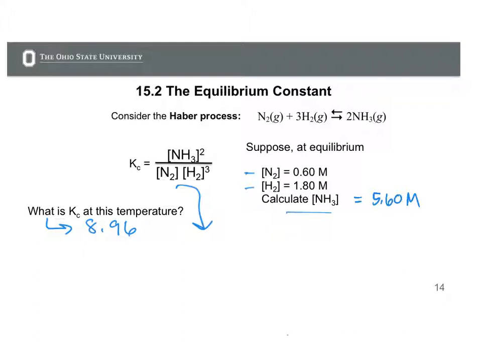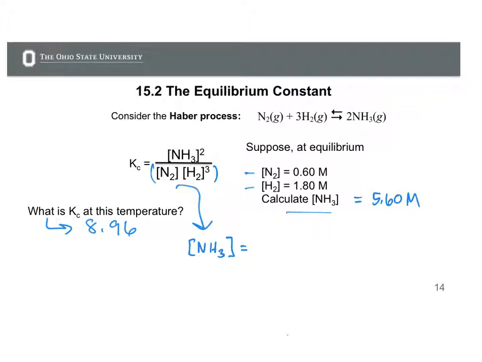I'm going to rearrange my equilibrium constant expression to solve for NH3. I'm going to multiply both sides by what's in the denominator, and then take the square root.